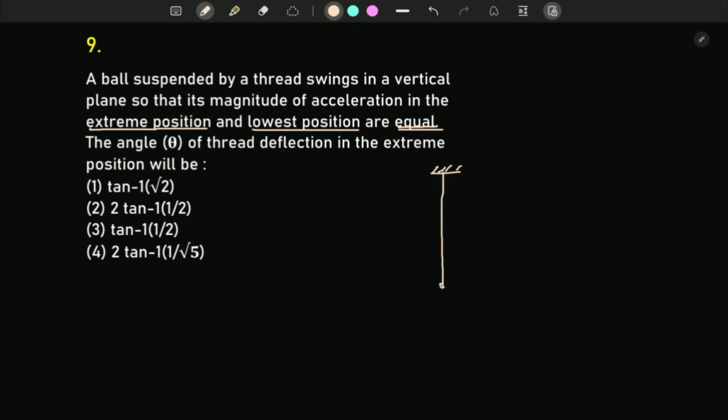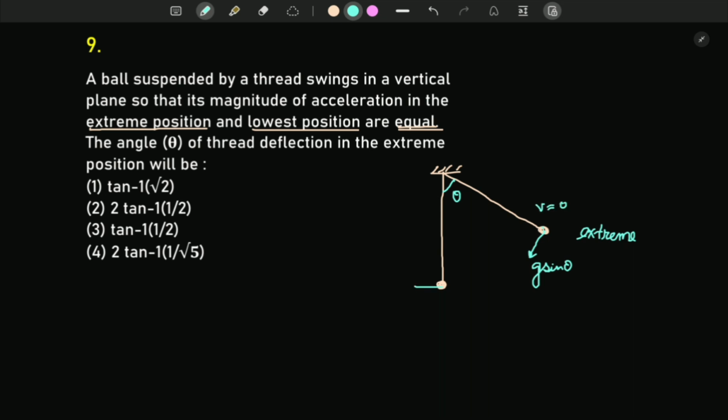So let us draw this. Now this is the thread. A ball is suspended and it swings in a vertical plane, and this is the extreme position. In this extreme position, I can say that the tangential acceleration is g sine theta, and this is the theta.